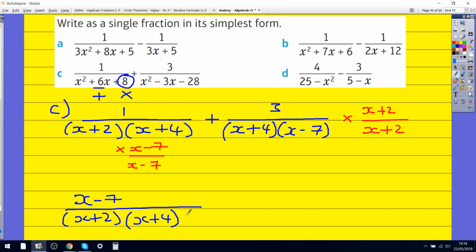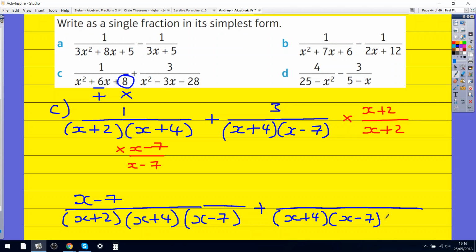And so it's now x minus 7 on the bottom. And so what would the other denominator be? Oh, it'd be the same, wouldn't it? Exactly, yeah, same denominator. So you could write it slightly differently, but it means the same thing. And that's why you're multiplying the top by that.